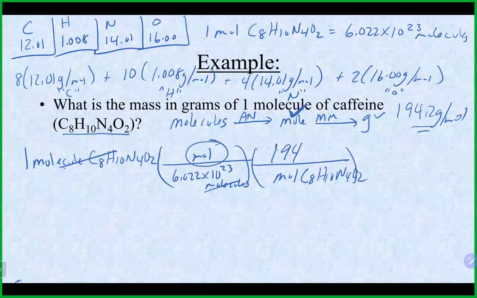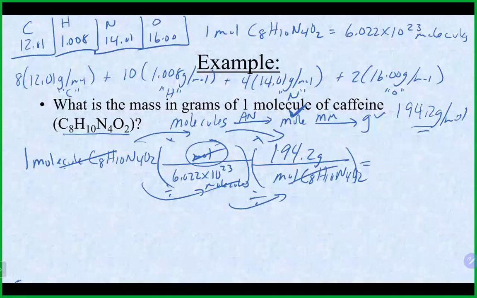And 194.2 grams up on top. The moles are going to cancel, leaving us grams. Again, multiplying what's on top, dividing what's on the bottom. That's going to get us basically 194.2 divided by Avogadro's number in this case.